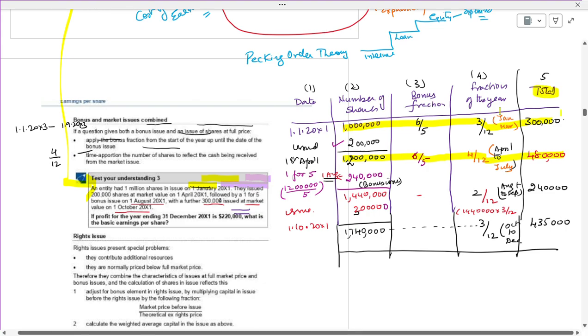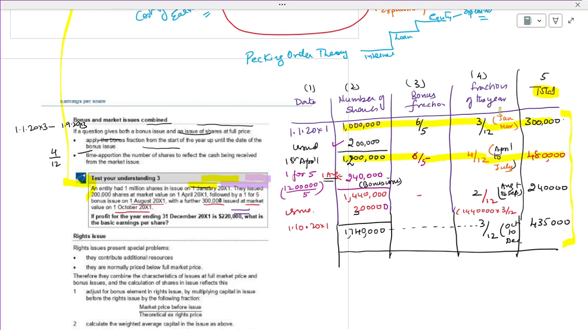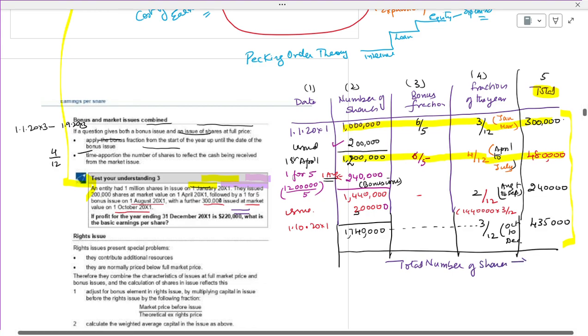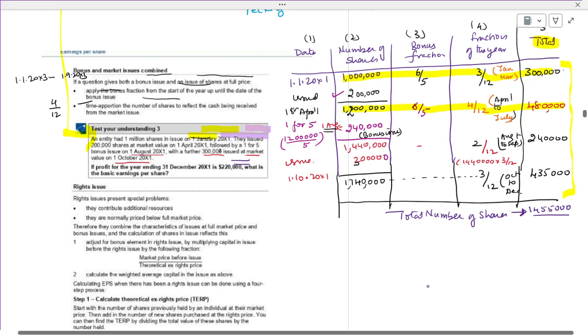Now what is the total of this? 300 plus 480 plus 240 plus 435, 1,455,000. Is it right? Now, what is the earning per share?